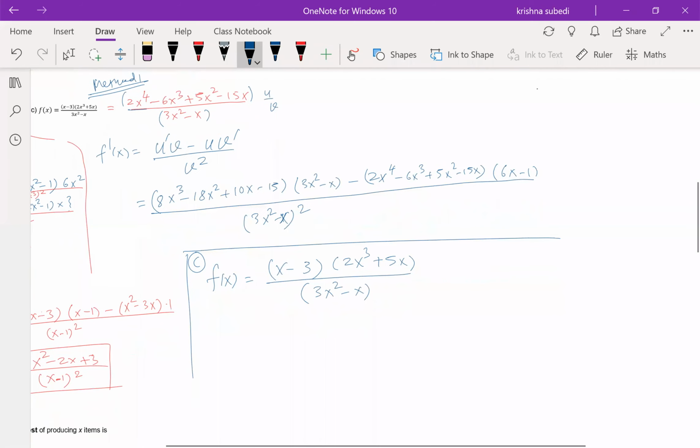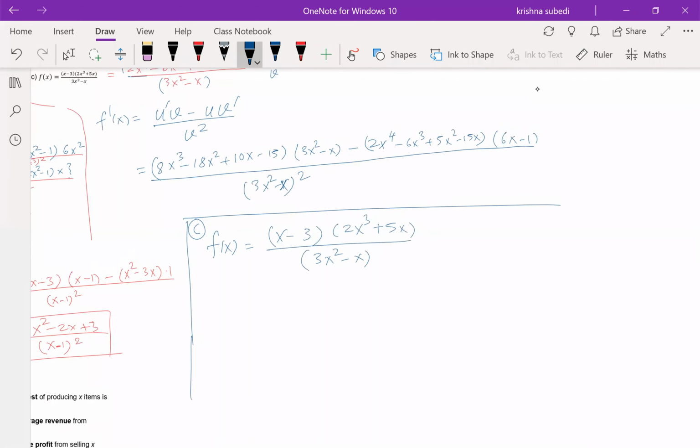Okay, so first you see this one is in u over v form. It's the quotient rule, so definitely we have to use it. The quotient rule is u prime v minus u v prime over v squared. We know this formula.